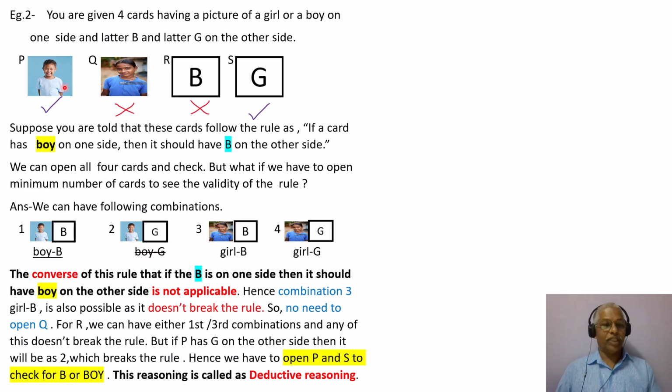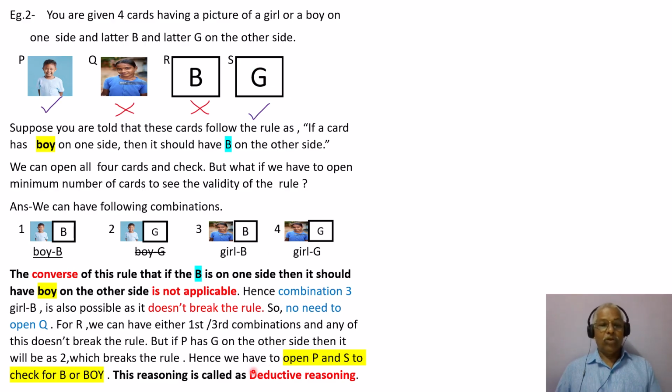So we have to open this and see that whether it contains B or G. It should not have G. Okay, so we have to open this, which breaks the rule. And we have to open this, of course, to see whether there is boy. If there is boy, then it breaks the rule.